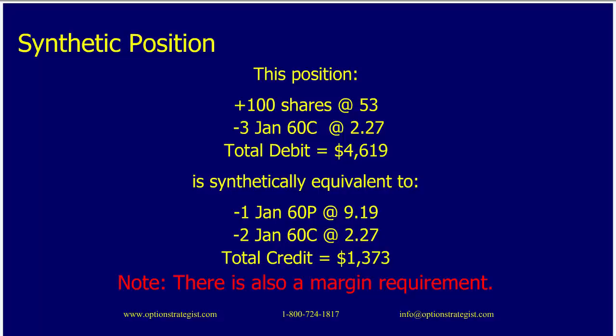In other words, just selling one Jan 60 put at 919, that was my calculated value of what the 60 put would be, and selling 2 of the Jan 60 calls at the 227, and in that case, we'd receive a credit of 1373.